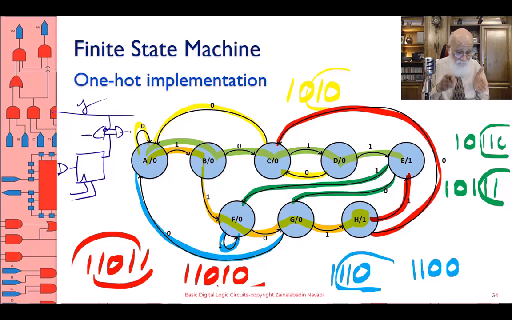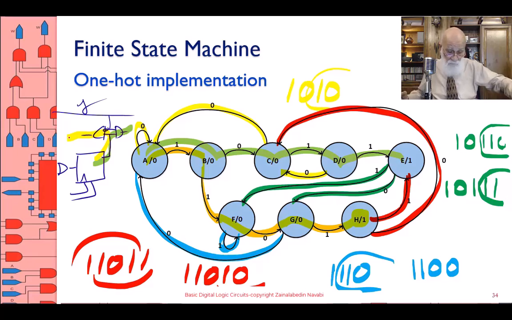If this is, for example, representing state C, this goes to D, and if this is representing state C, this goes to A. And that's it.